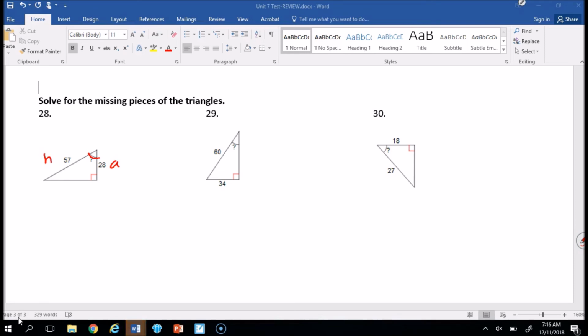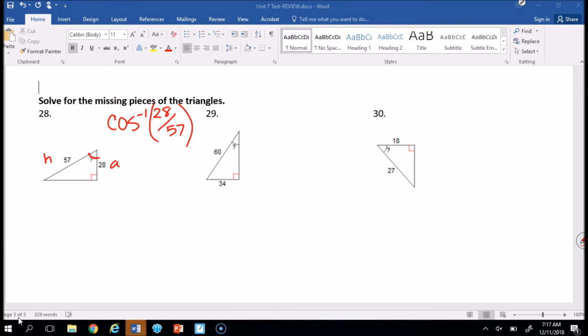Now, when we're looking for angles, we use inverses of ratios. So we're going to say the inverse cosine of adjacent over hypotenuse, which is 28 over 57. And we put this in our calculator.